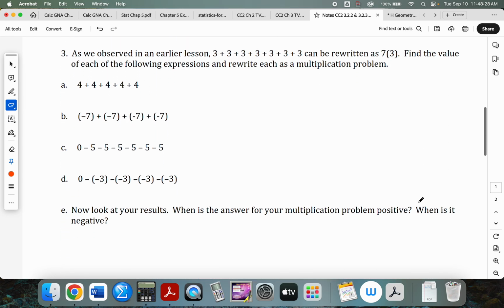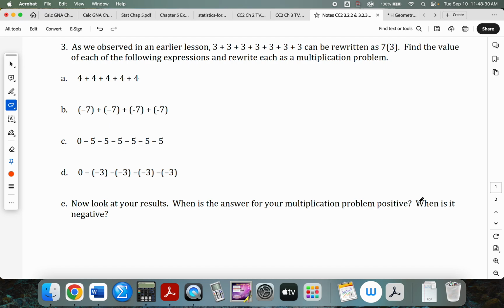All right. So in an earlier lesson, we observed that if you had 3 plus 3 plus 3 plus 3 plus 3 plus 3 plus 3, you could rewrite it a lot shorter as 7 times 3. So let's find the value of each of these expressions and rewrite it as a multiplication problem. I'm going to rewrite it first and then find the value.